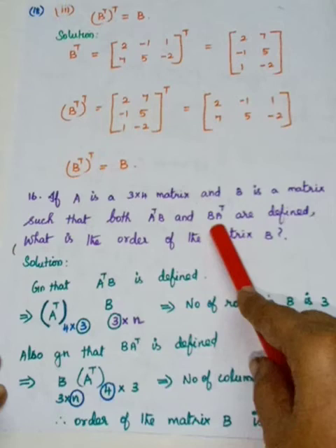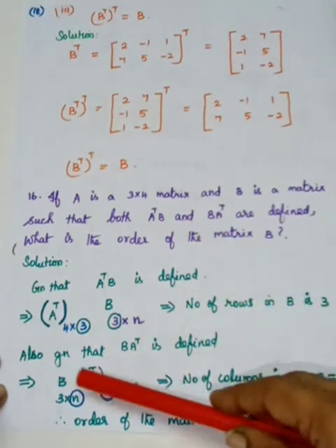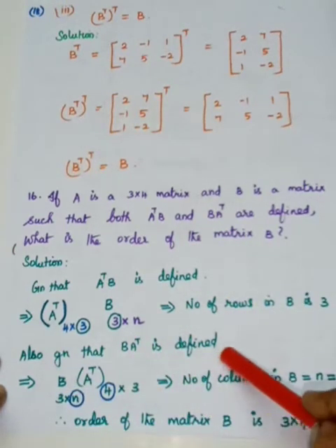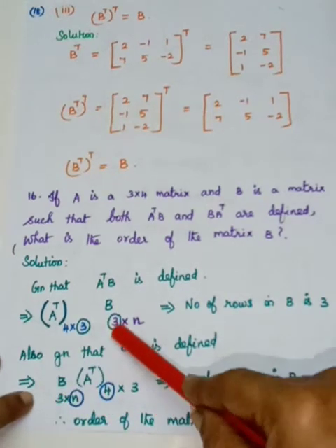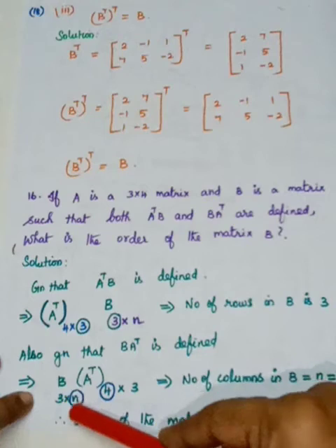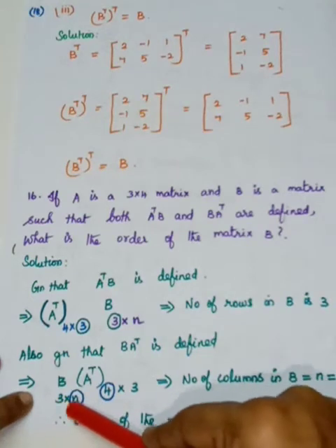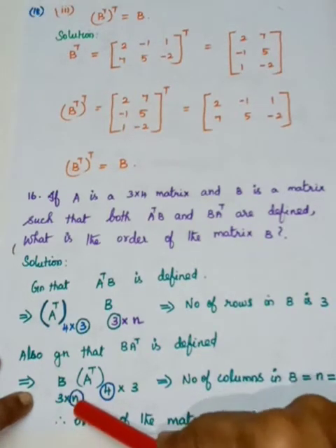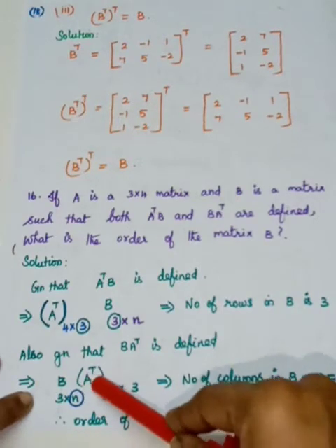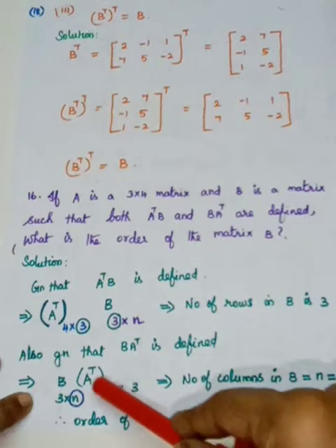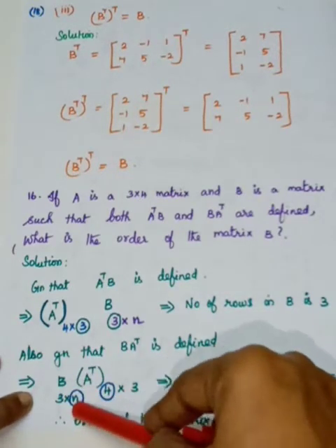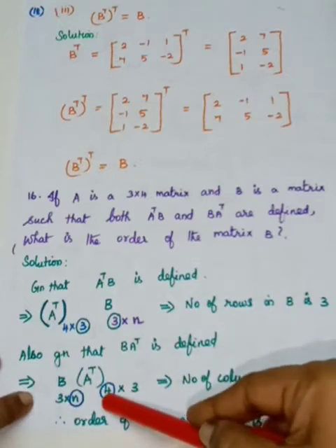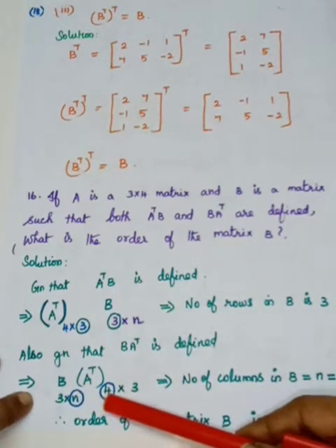One more is also defined: B A transpose is defined. Take B. Just now we found the number of rows of B is 3. We have to find the columns. So 3 cross n, where n is the number of columns of B, into A transpose. What is the order of A transpose? It's 4/3. So it is defined means the number of columns of the first matrix should be equal to the number of rows of the second matrix.